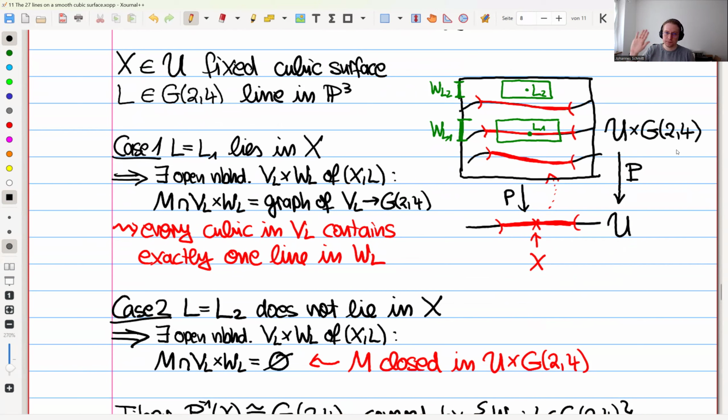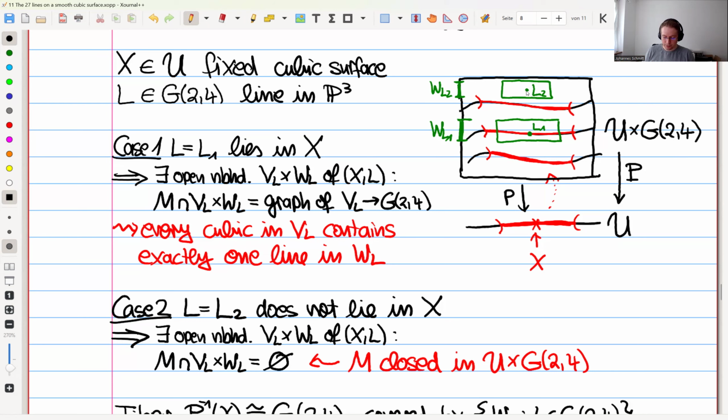In other words, on some affine open patches, it's cut out by polynomial equations. But I mean, all polynomials are in particular continuous in the classical topology. And so having them vanish is still a closed condition also in the classical topology. So M is also closed in the classical topology.